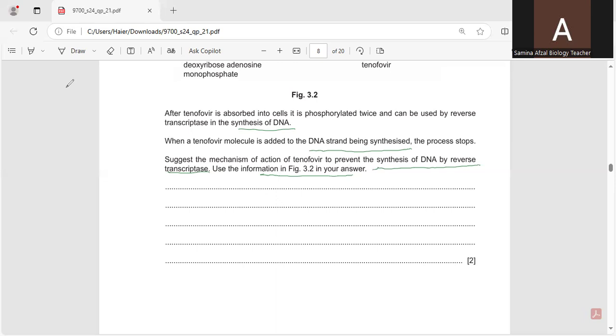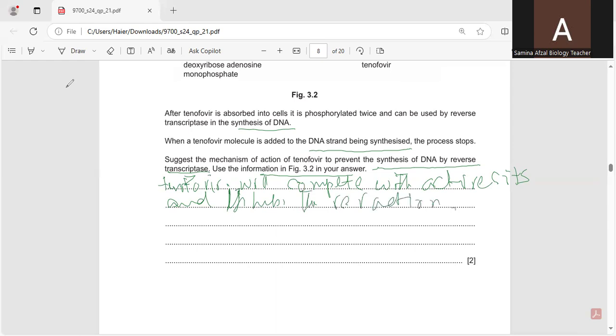So tenofovir will compete with the active site and inhibit the reaction by acting as an inhibitor.